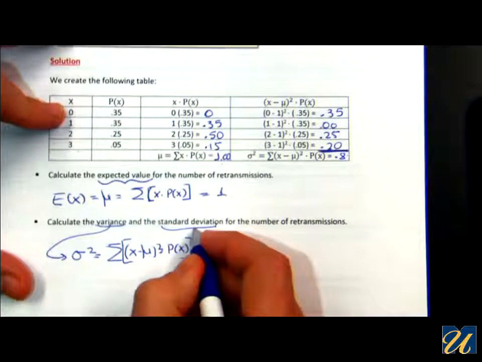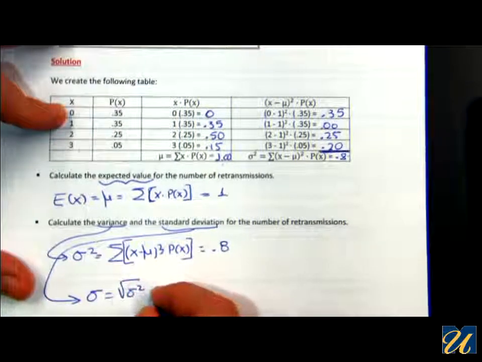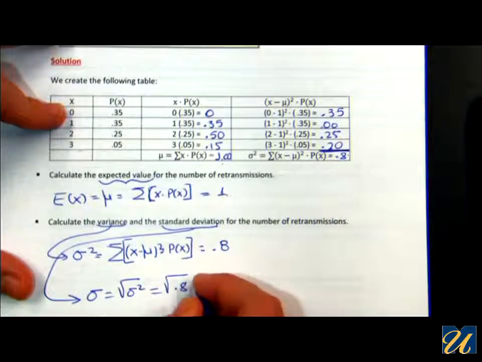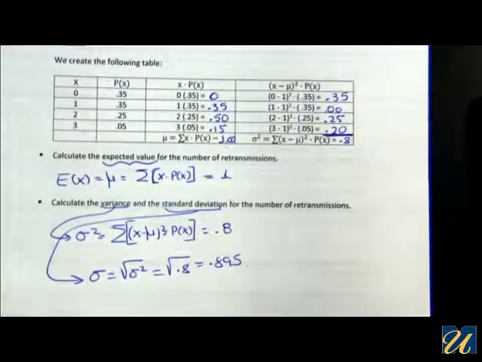And the standard deviation, sigma, is the square root of your variance, the square root of 0.8, which is 0.895. And you're done.